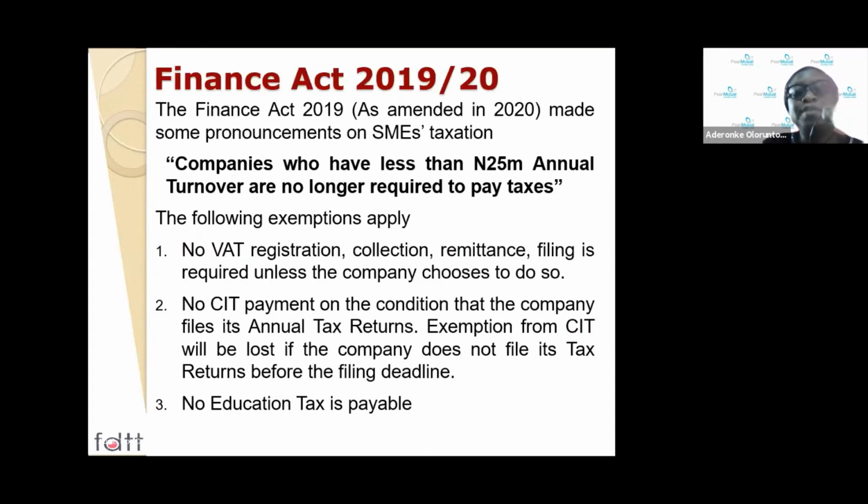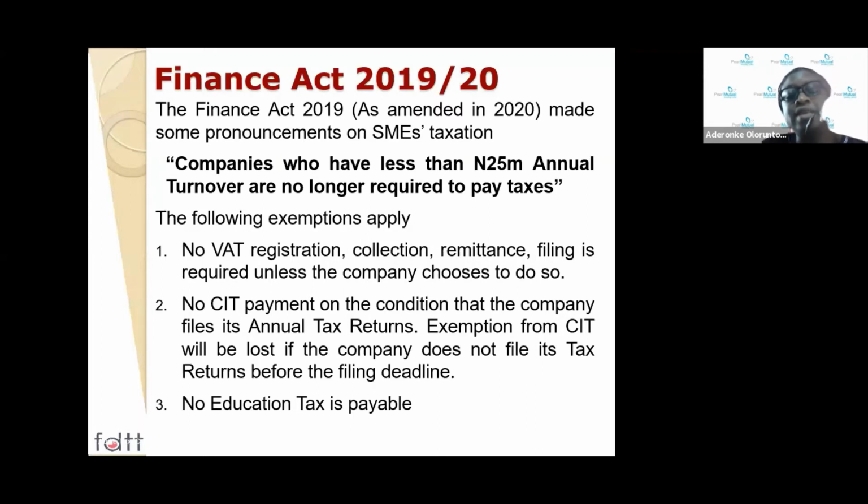Now, I want to make specific reference to the Finance Act of 2019, which was amended in 2020. Some pronouncements were made in relation to SMEs. It says companies who have less than 25 million annual turnover are no longer required to pay taxes.